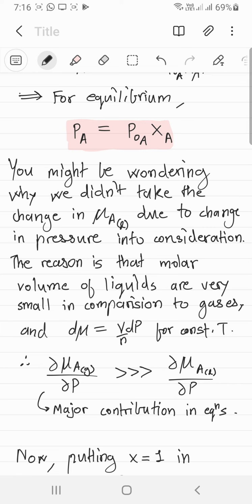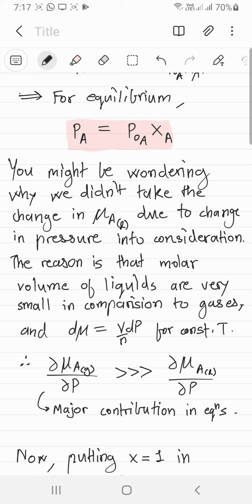The easy reason is that the molar volume of liquids is very small in comparison to the molar volume of gases. And yes, we always deal with molar volumes for chemical potentials. Don't get confused by the fact that maybe you have a lot of volume of liquid in the container and it's still at equilibrium, and then for that condition, how would these equations apply?